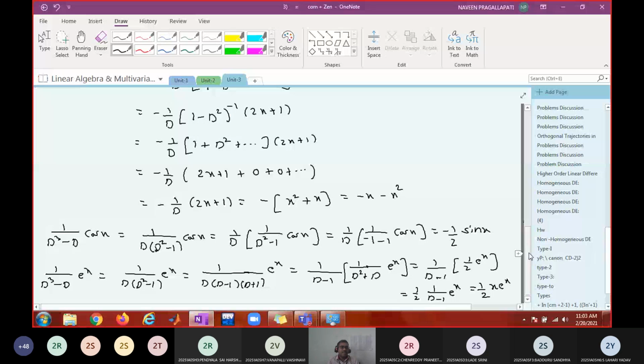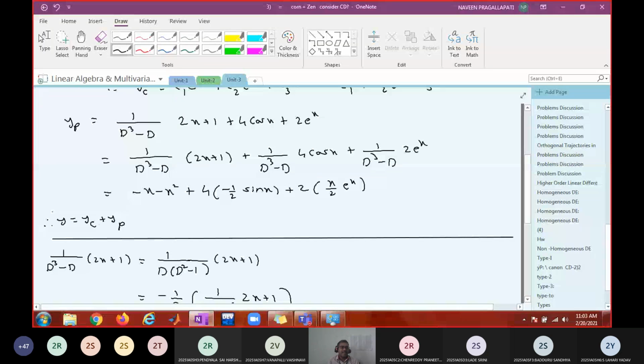Therefore, y equal to yc plus yp is the general solution, equal to c1 plus c2 e power minus x plus c3 e power x, minus x square minus 2 sin x plus x e power x. That's it. Do you agree?